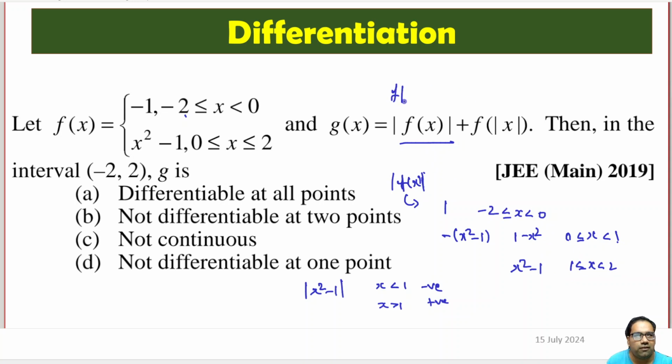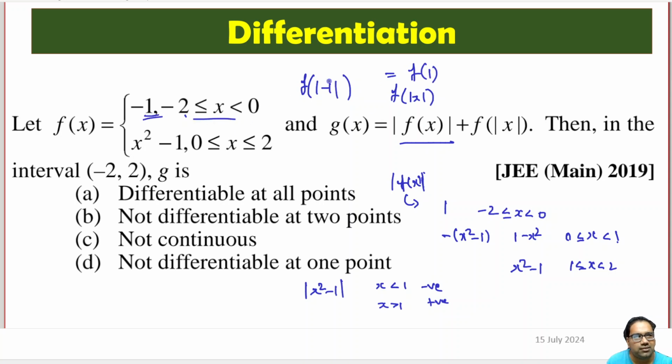Now what about f of absolute value of x? Even if x is negative, for example, f of absolute value of minus 1 is equal to f of 1 only. So this part we can in fact ignore.